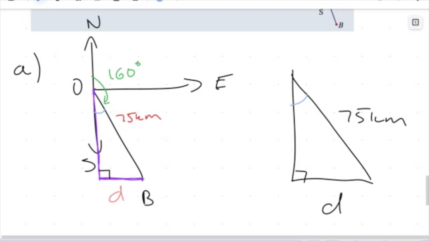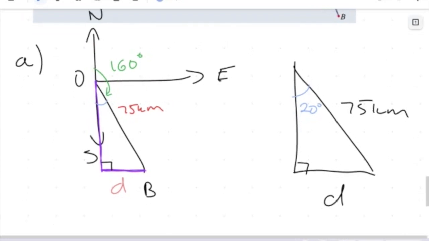Well, I know that from north to south, that is an angle on a straight line, so that is an angle size of 180 degrees. And this little bit here makes up the difference between 160 and 180. So if I subtract 160 from 180, I'm going to get 20 degrees over here.